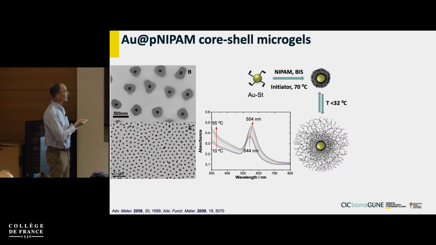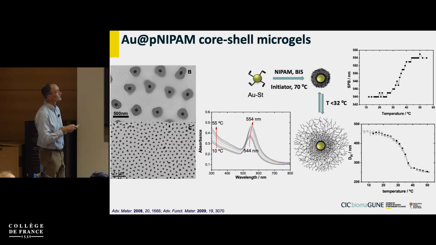But now if you plot the maximum position versus temperature, what you find is also a very well-defined jump in the position of the peak, which correlates perfectly with the lower critical solution temperature. Okay, so now you already have a first application. You can use now plasmonics to detect the transition temperature for these microgels.